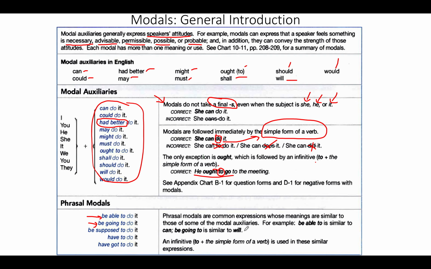Be going to is similar to will. And the infinitive to plus the simple form of the verb is used in these expressions. So if you notice, in all of these phrasal modals, different from what we have said before, we have the preposition to going with the verb.